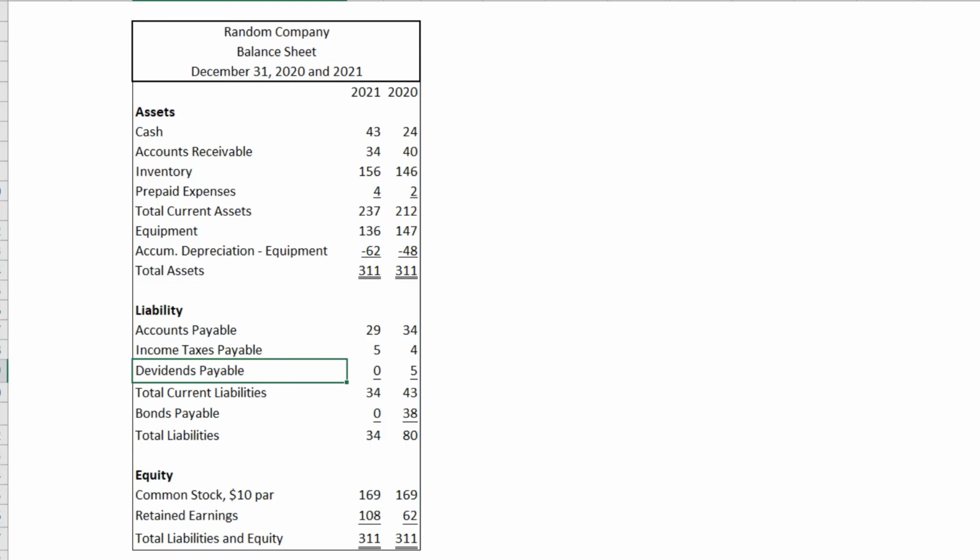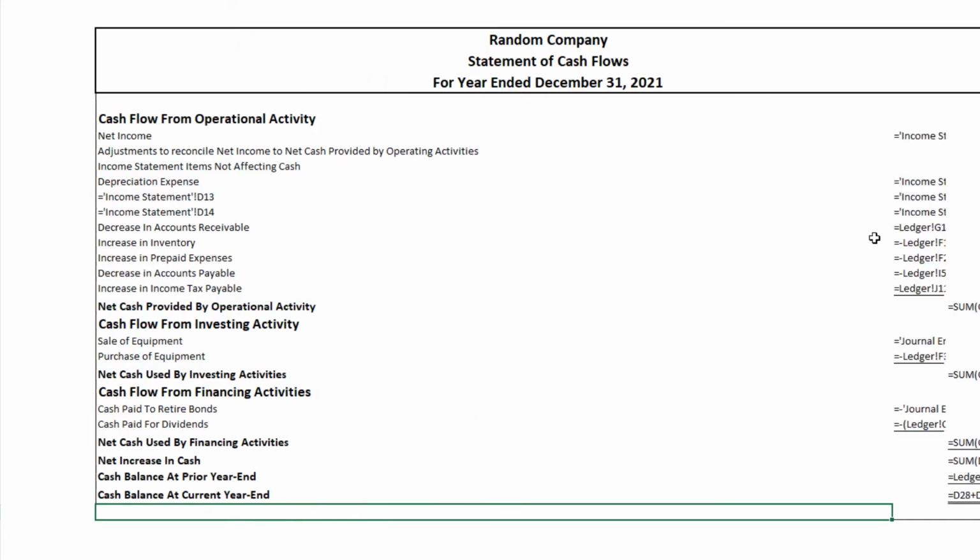And so then we take these three numbers, we add them up to get net increase in cash of 19. The cash balance at prior year end, which is 24, gets us to the balance at current year end, which is 43. And that tracks with what's inside the balance sheet, 24 and 43. And these are all done as formulas. Boom. You see that? I didn't hard code anything.